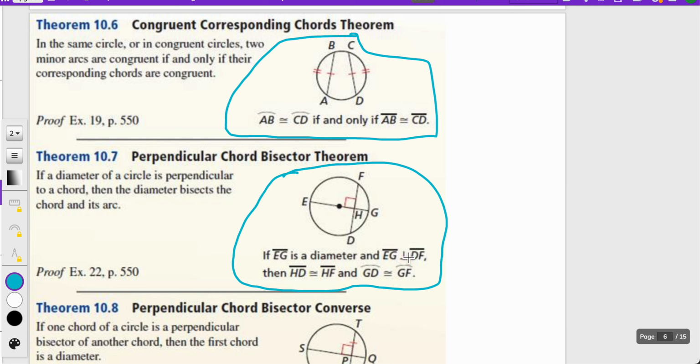And EG is perpendicular to DF, so we see that right angle here, right at point H. Then HD is congruent to HF, and the arc from G to D is congruent to the arc from G to F. We can even add some congruency marks here to show that they're congruent.